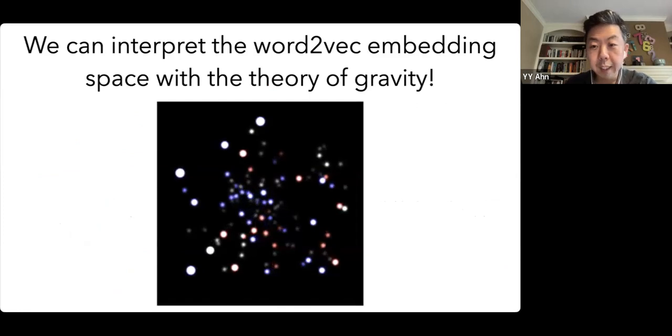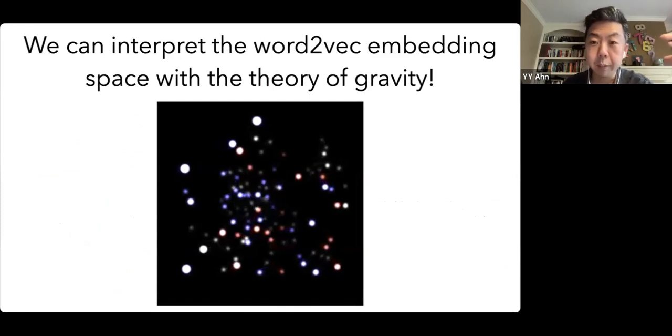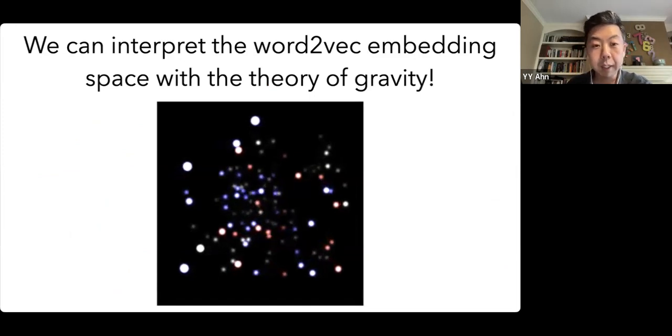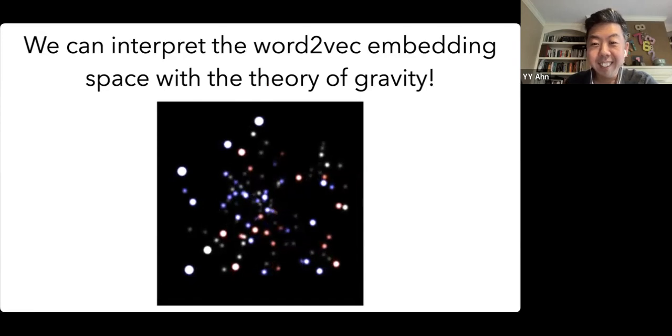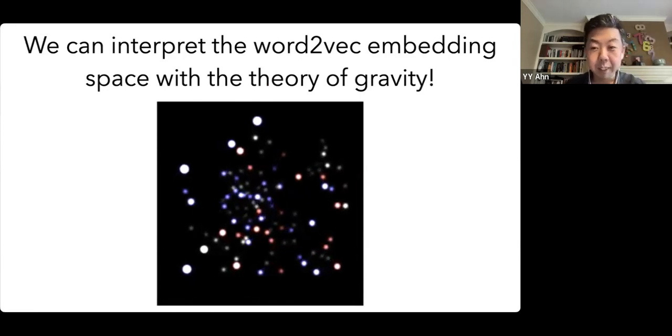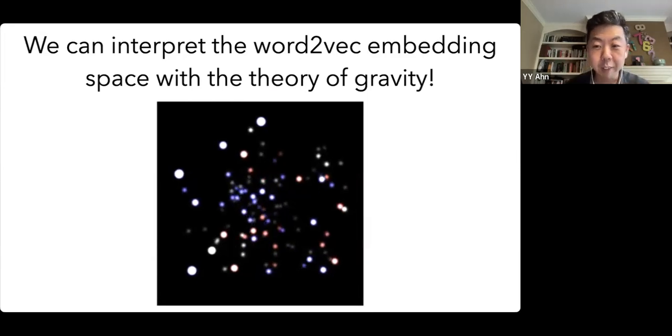In other words, if you have a bunch of trajectory data and feed that into word2vec, you get the embedding, and you can calculate gravity potential across the space. You can literally apply the theory of gravity to the space.